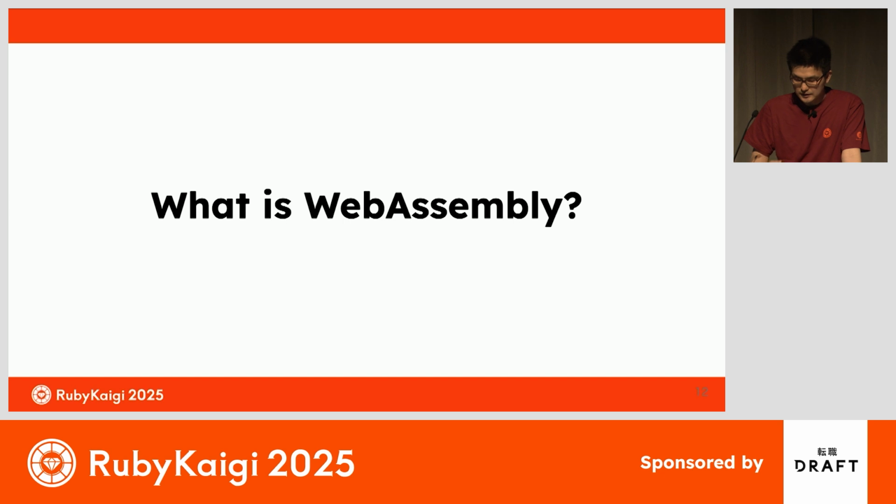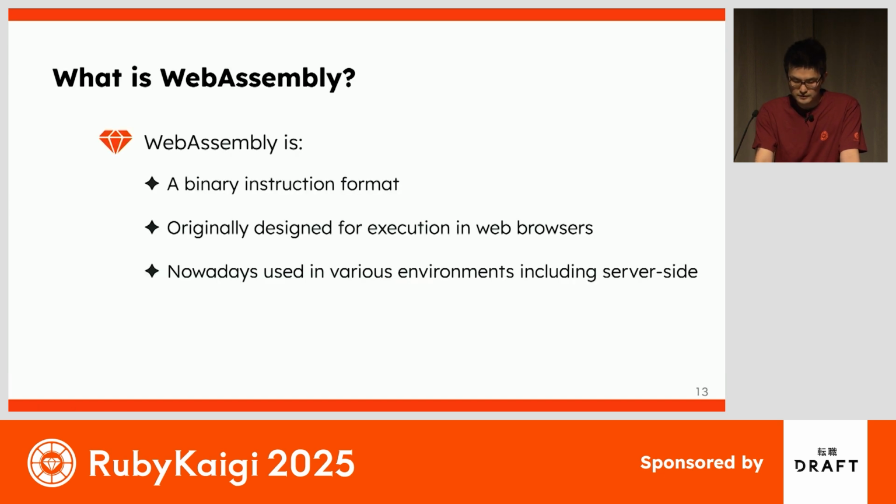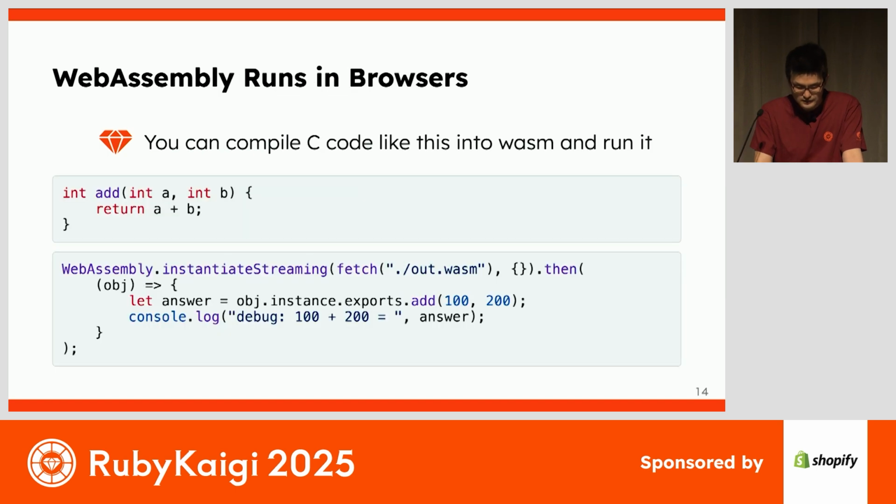So let's have a look at WebAssembly. WASM is a binary instruction format. It is originally for browsers, but WASM is now designed to run anywhere: servers, edge devices, embedded systems, and yes, inside other applications. Here's a simple WebAssembly example.